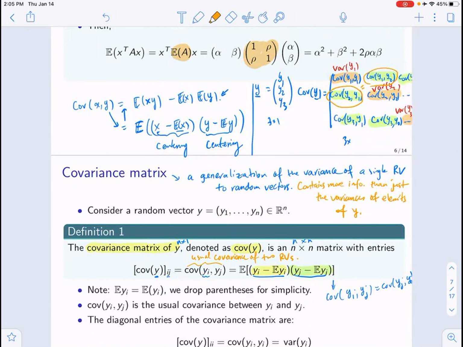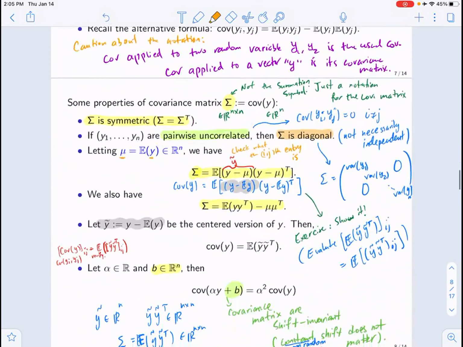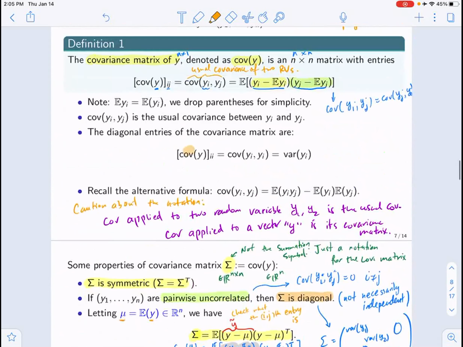So you get the variances on the diagonal, which are the covariances of the coordinate itself. And we also get what are sometimes called cross covariances on the off-diagonal elements. Okay, and so we talked a little bit about the properties of this. So we have a matrix. The notation is, I sometimes write something like that for a vector.